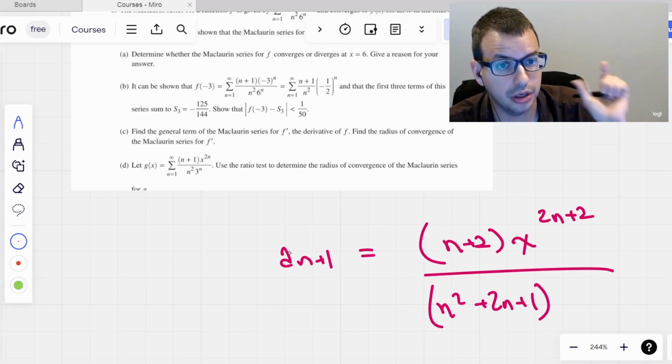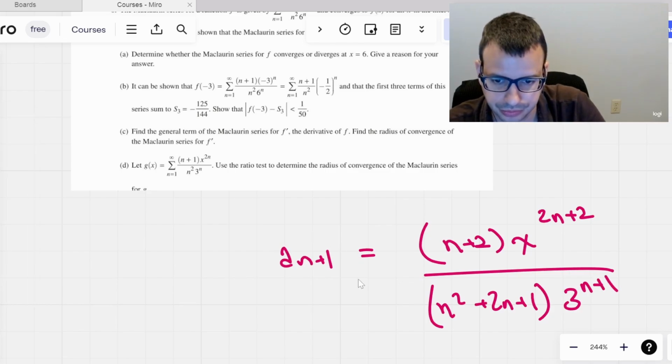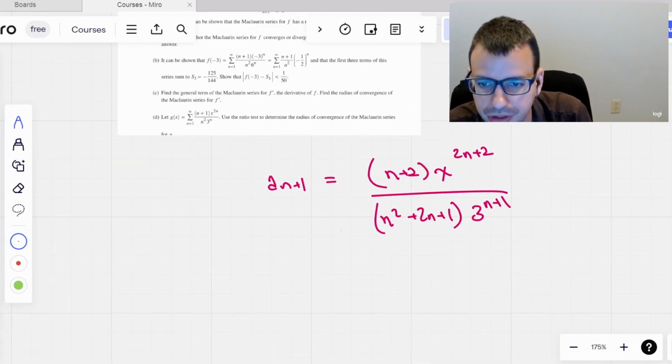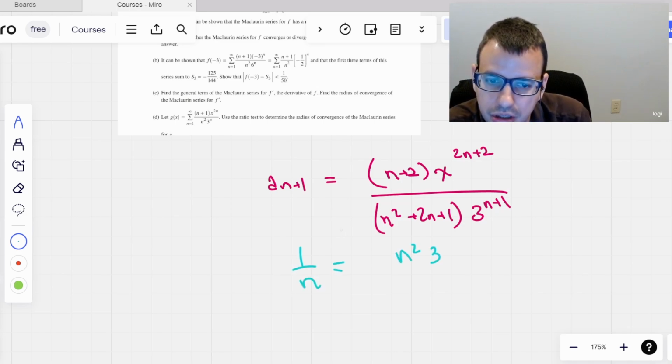That's just (n plus 1) quantity squared. 3 to the n plus 1. So ideally, I'd be a little bit more formal, take a little bit more time. Not happening. 1 over an is then therefore going to be n squared 3 to the n, all over (n plus 1) x to the 2n.